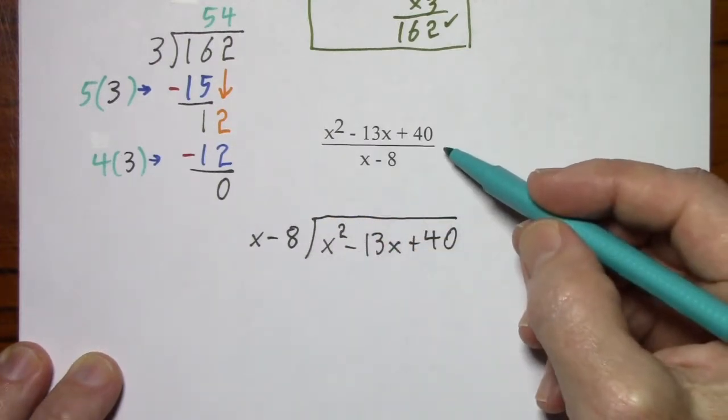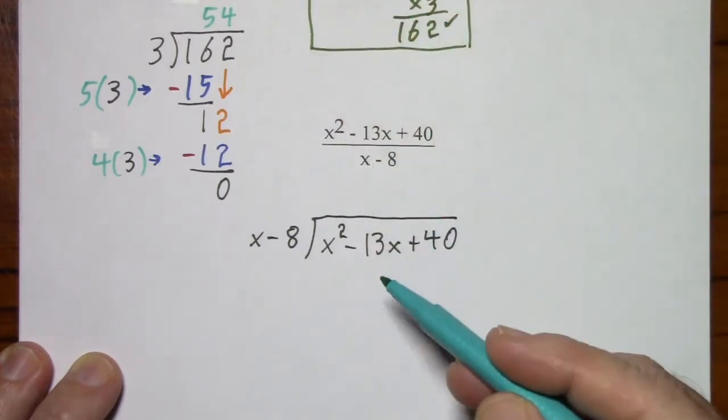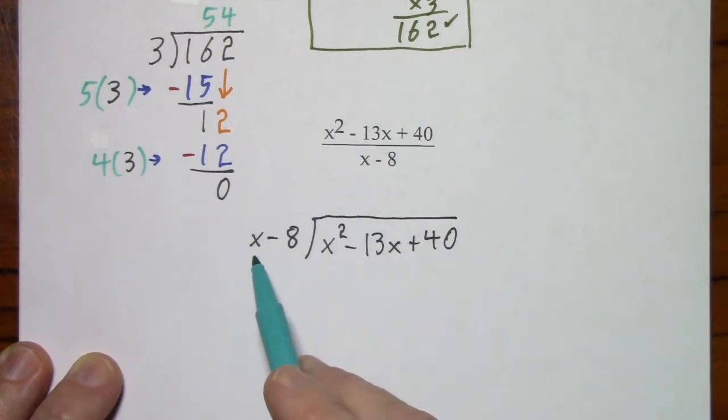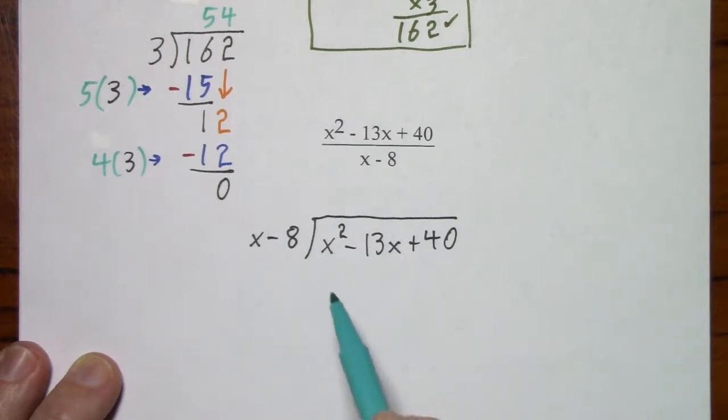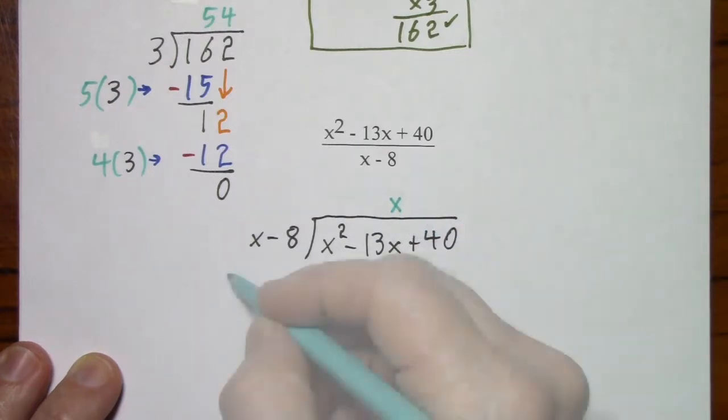So to do this calculation, again, we're going to follow this pattern, but it is going to look a little bit different. You focus on the first term. x goes into x squared x times.